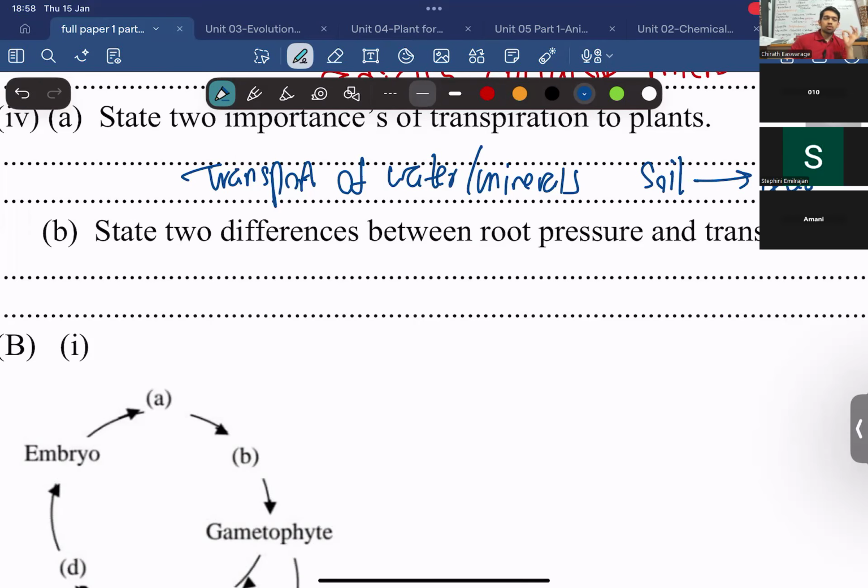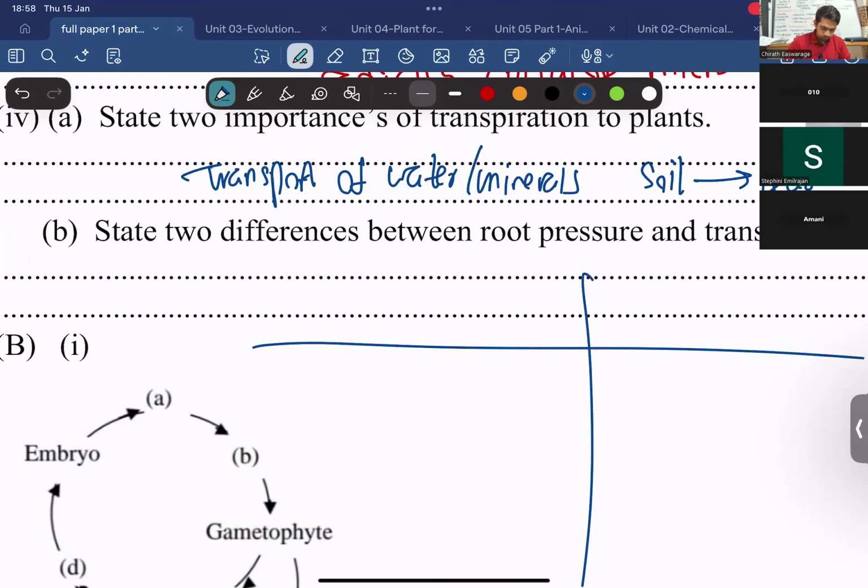Guttation occurs due to excessive root pressure in the xylem vessels of the root, which pushes the water and the minerals out of the leaves.